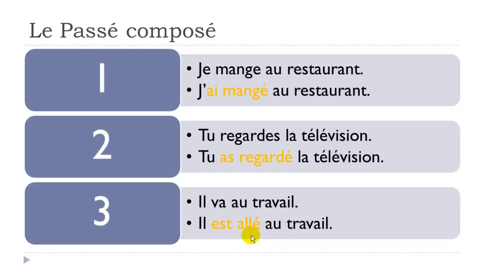And this will be, well, the first difficulty of the passé composé form. So you should really think about the fact that most of the verbs will be constructed with avoir, okay, and the ones that you will construct with être will be the exceptions. So you will have to remember them by heart, of course, okay, so we'll make a list after.